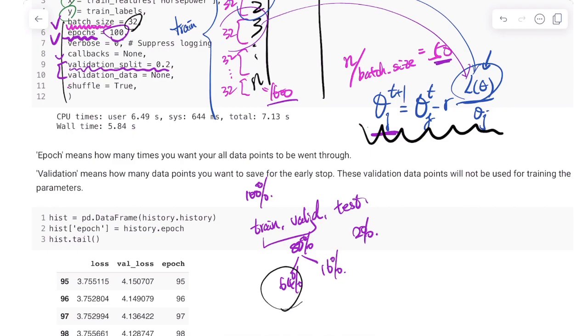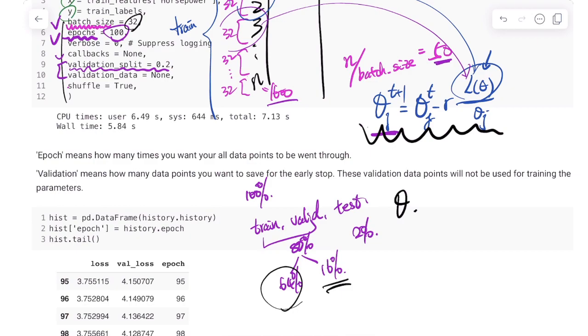After each epoch, the remaining 16% validation data will be used to test the performance of the current theta, the current weights, the current parameters. We'll show you later.